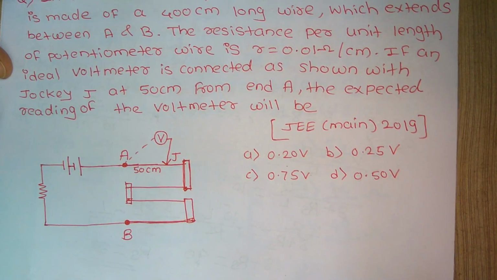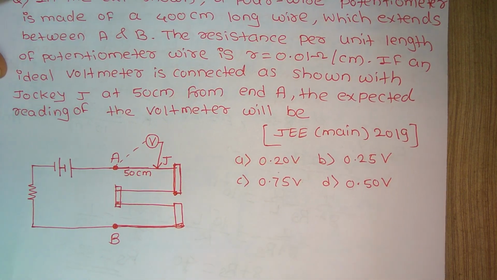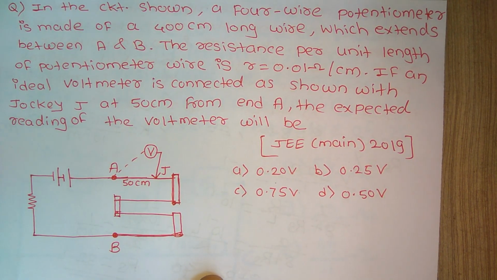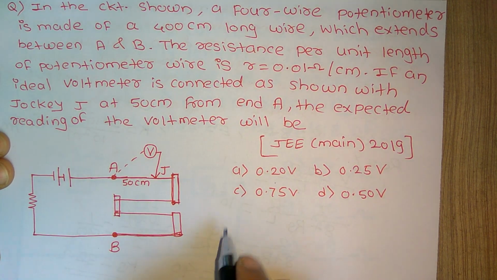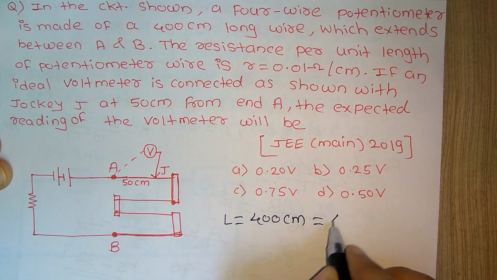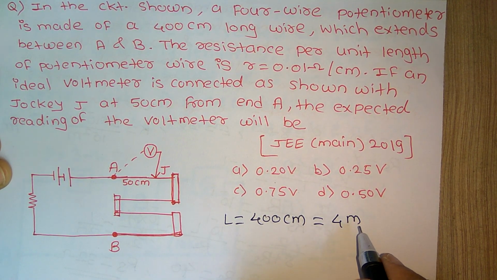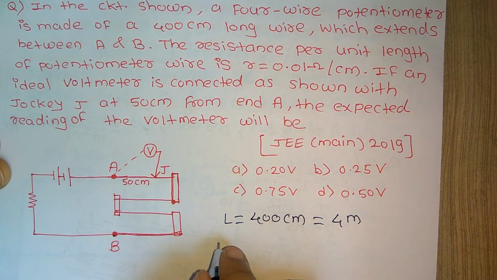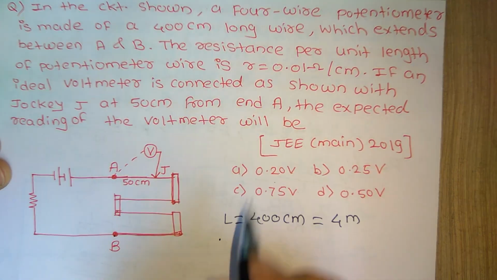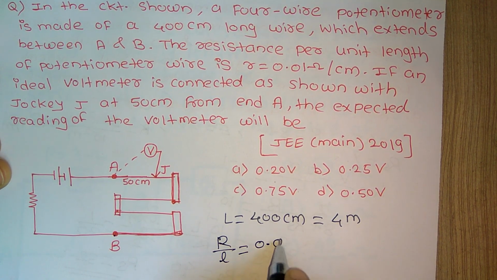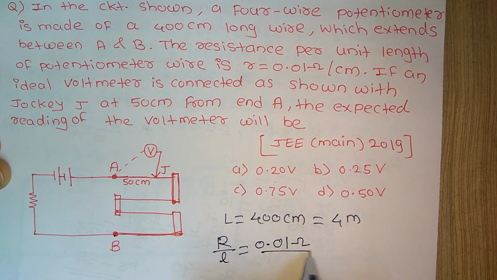Next, in the circuit shown, a potentiometer wire is made of 400 centimeter. The length of wire is given as 400 centimeter, means 4 meter, which extends between A and B. The resistance per unit length of wire is given as 0.01 ohm per centimeter.